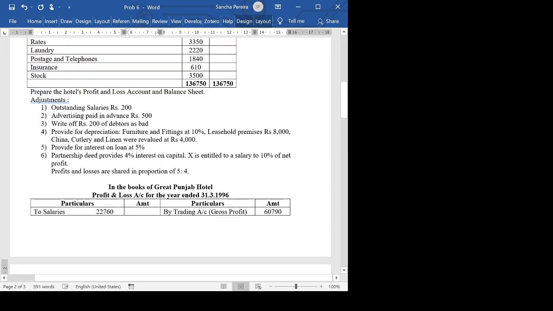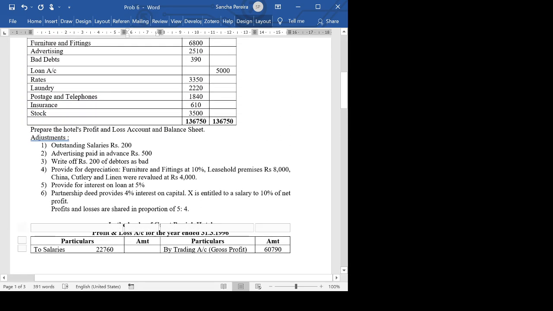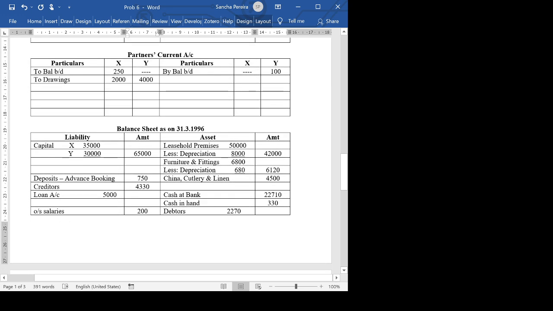And finally, China cutlery and linen were revalued at rupees 4,000. The old value, sorry, I wrote this in the outer column, is 4,500. The new value is 4,000 rupees. So that means the depreciation becomes 500 rupees.